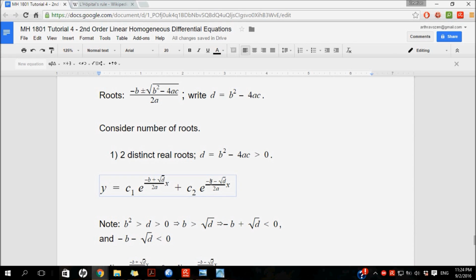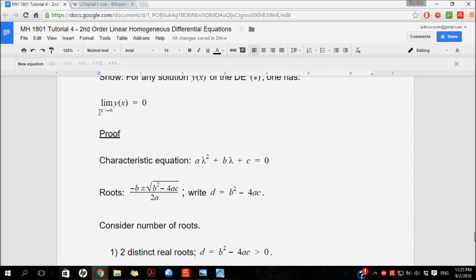And for this term, it is also negative by this part, and because a is positive. Therefore, seeing that these two terms are negative when x is positive, it means that when we are taking x towards infinity, we are making x large and positive.